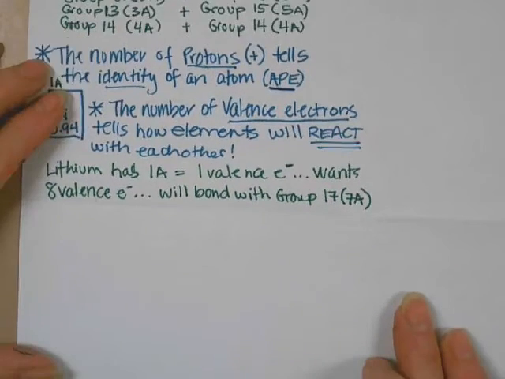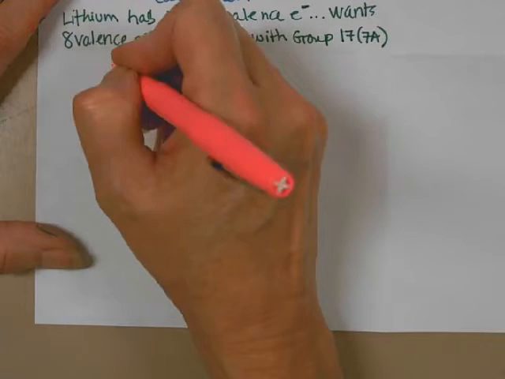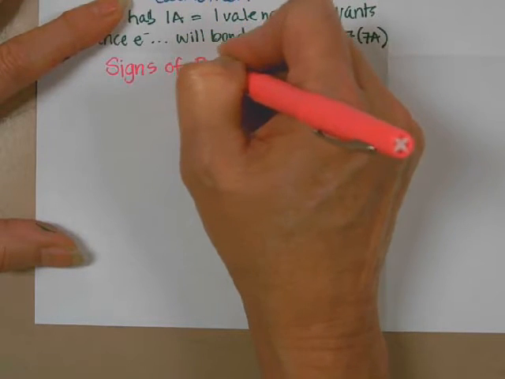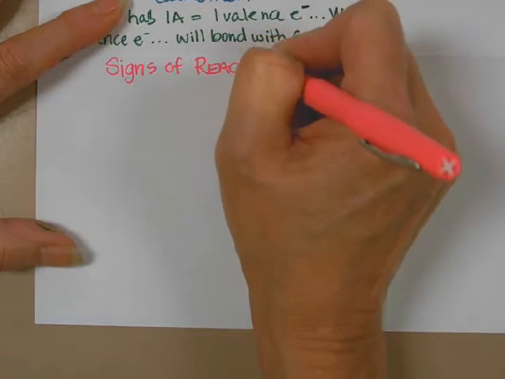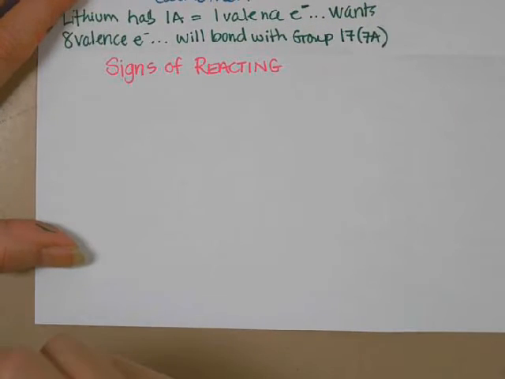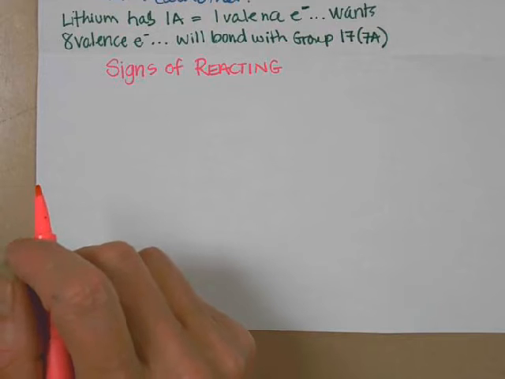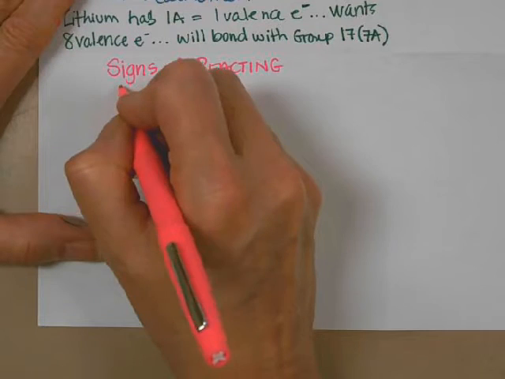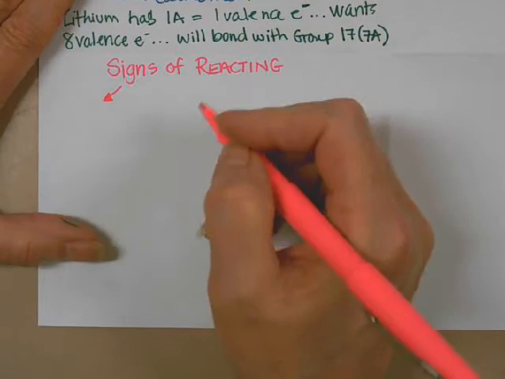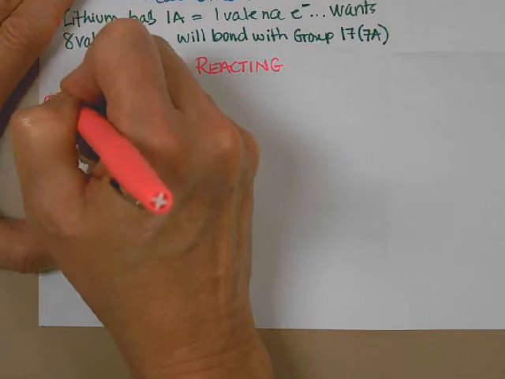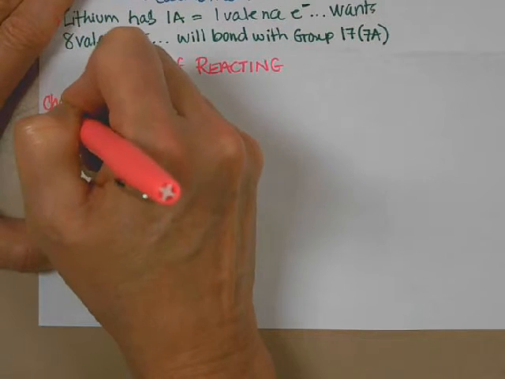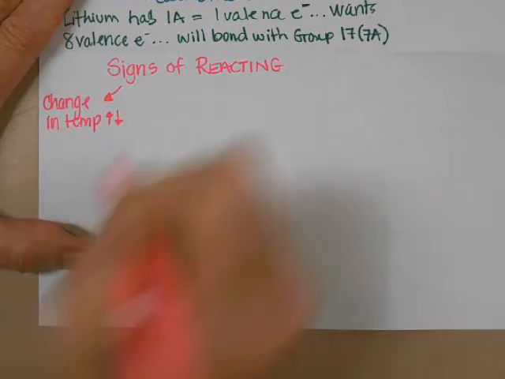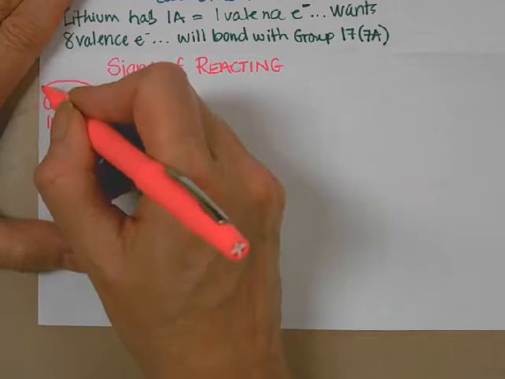But what are some of the signs of a chemical reaction? What are those signs that we talked about? Do y'all remember? So we have a change in temperature: either the temperature goes up or it goes down when two things come together that have a chemical reaction.